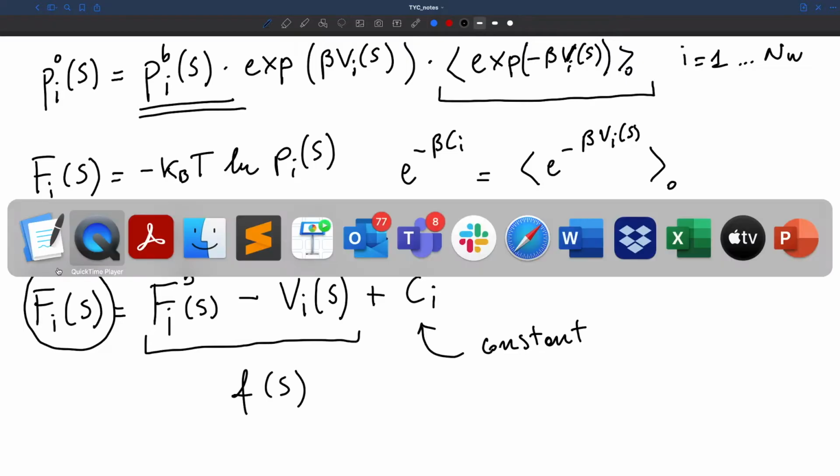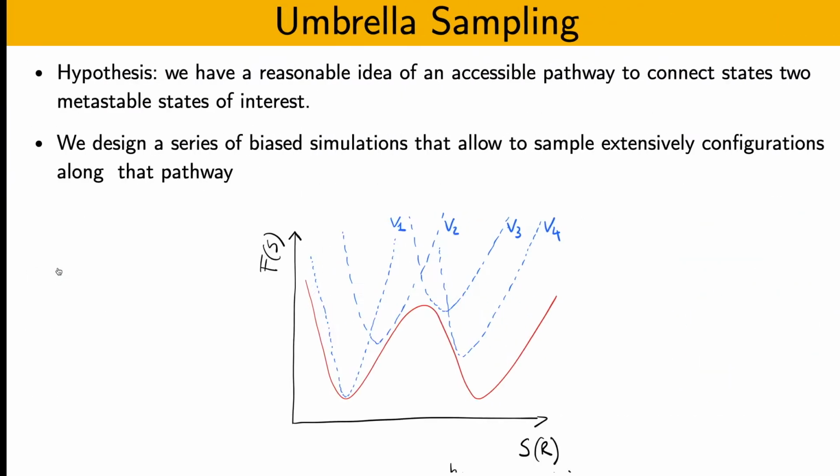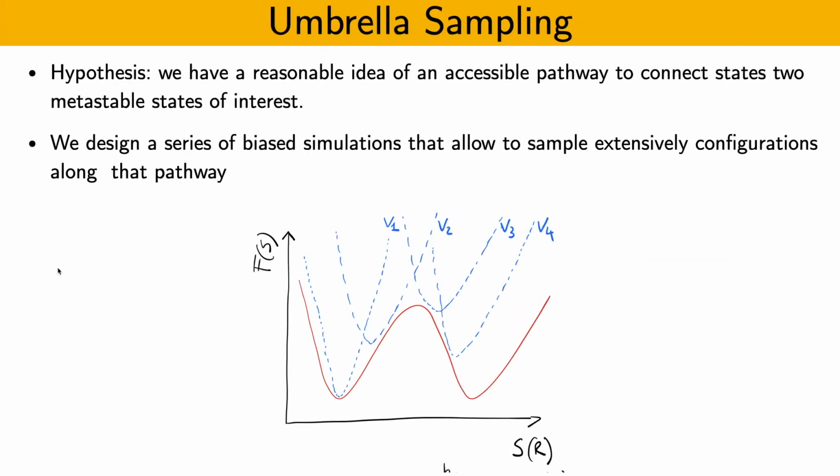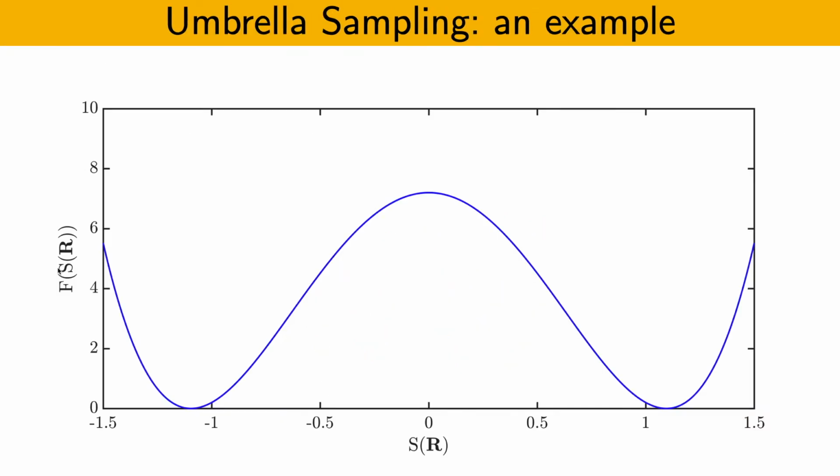So let's see how this works in practice. In this case here, we have our double well potential. As mentioned, we can define a harmonic bias potential that is located somewhere along the pathway that connects the two metastable states identified by this free energy surface.